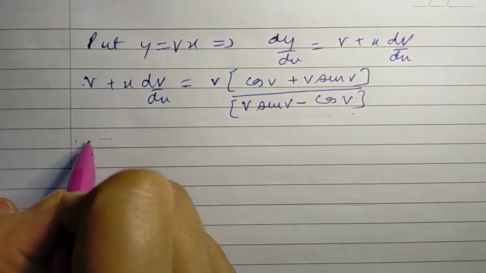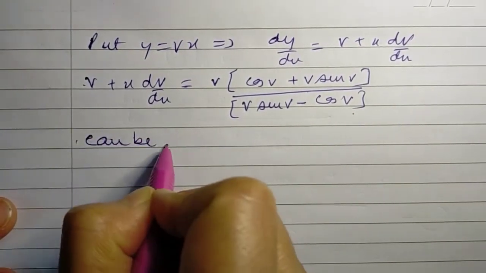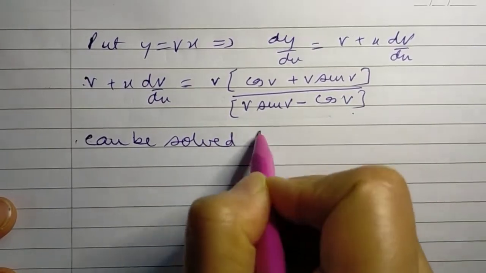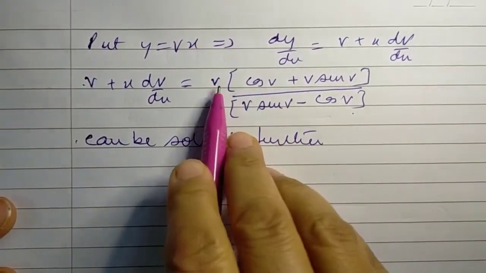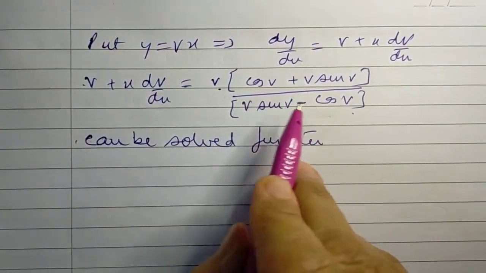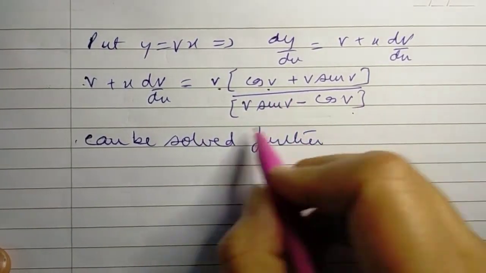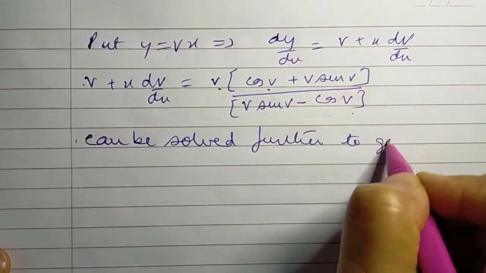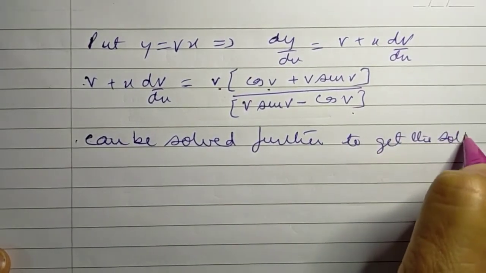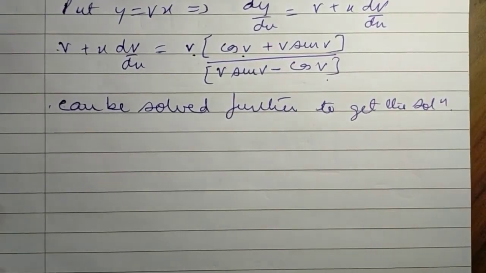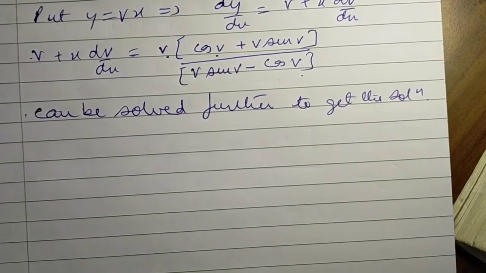This can be solved further by separation of variables, then integrating, and then substituting back v as y by x to get the solution. Okay, now let's take up question number 8.